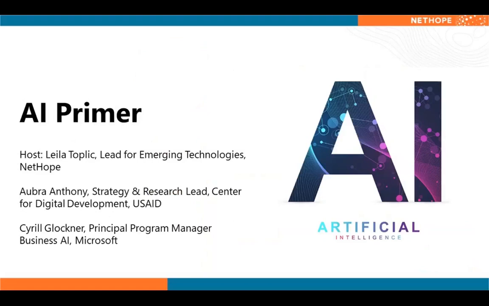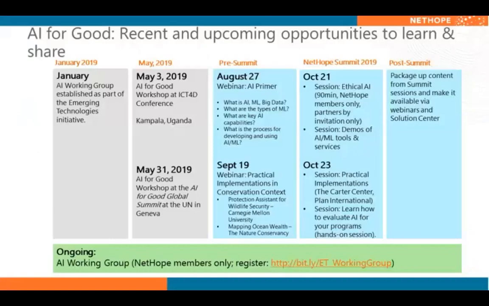Fantastic. Before we dive into the content, I wanted to provide you with some context on how this webinar fits into the work that we're doing at NetHope. Since we established the Emerging Technologies Initiative earlier this year, we've been focusing on three needs that were identified by NetHope members and partners at NetHope Summit last year, 2018.